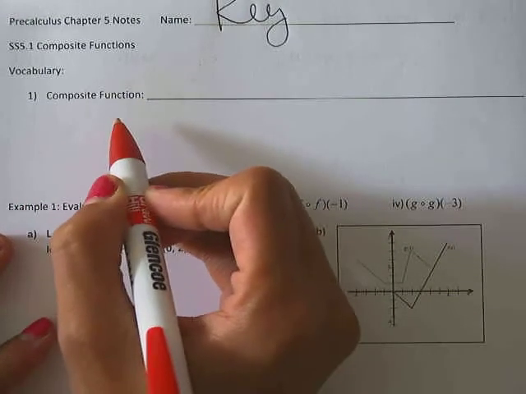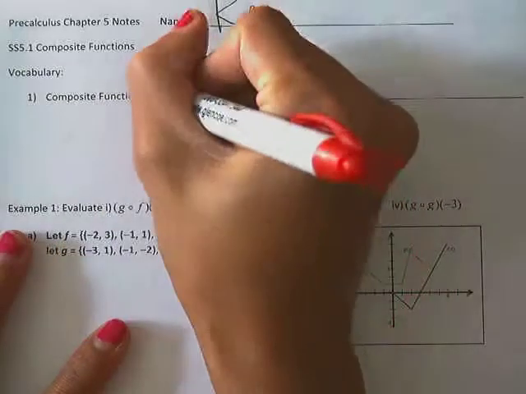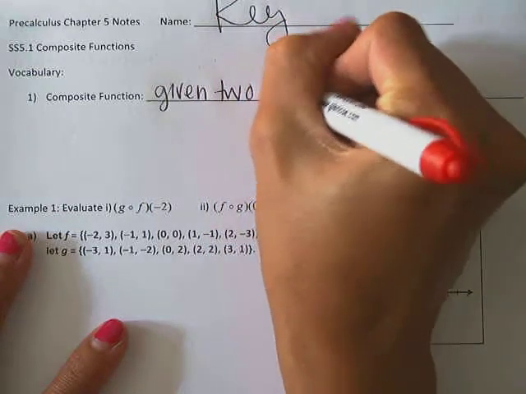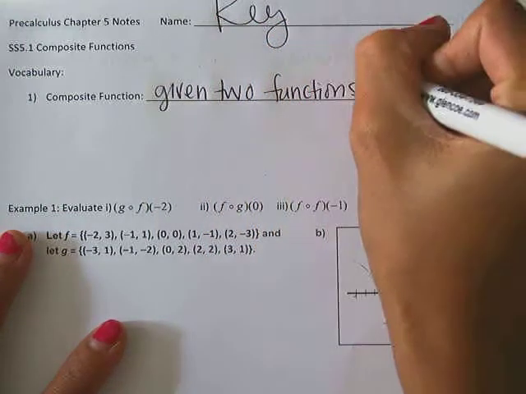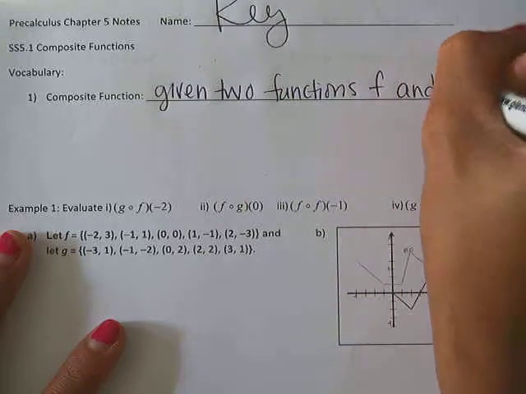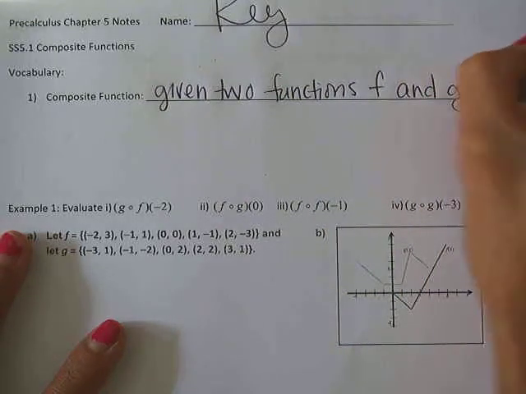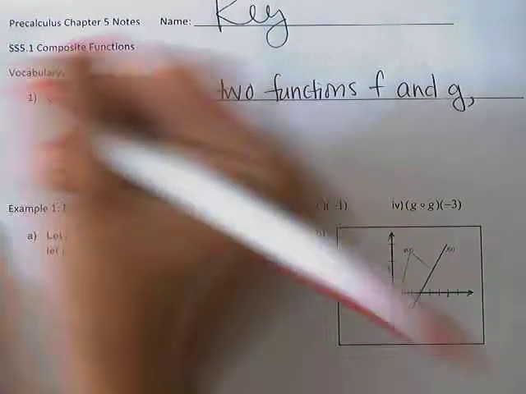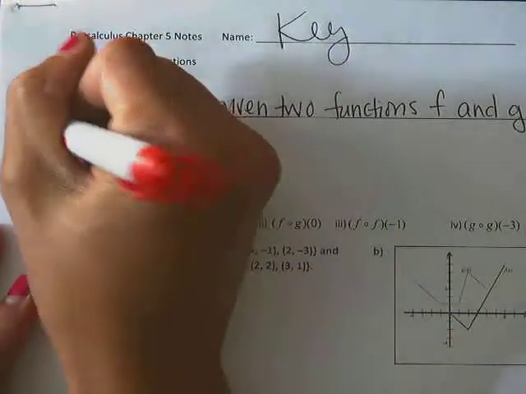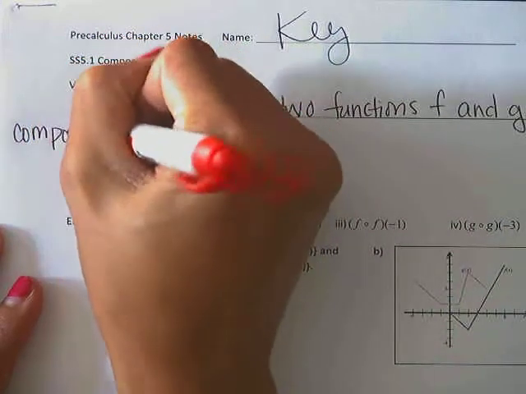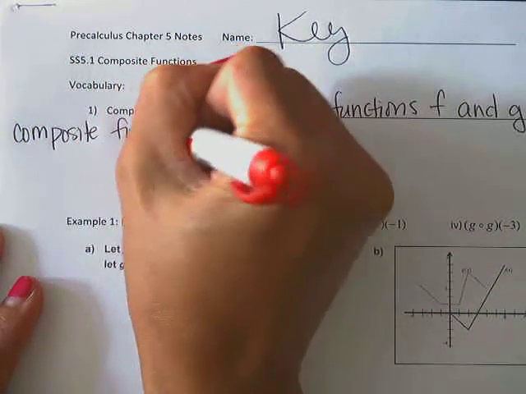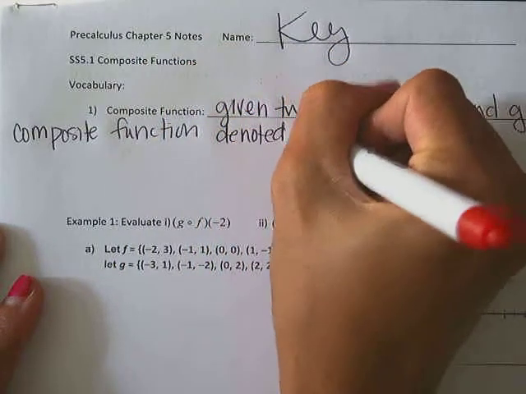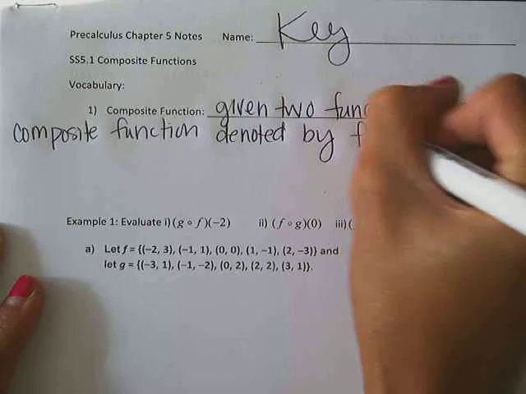What is a composite function? Given two functions f and another function g, the composite function is denoted by f bubble g.